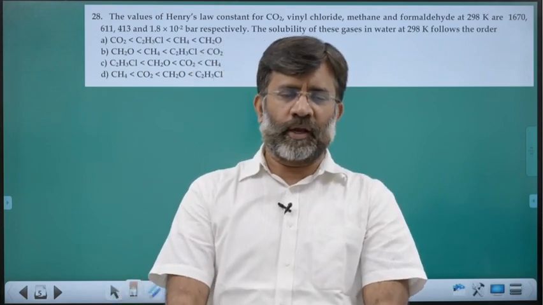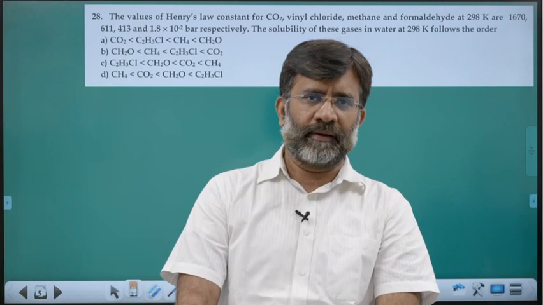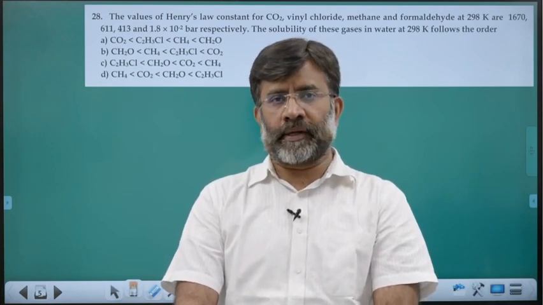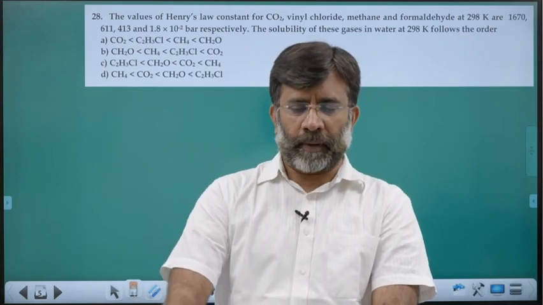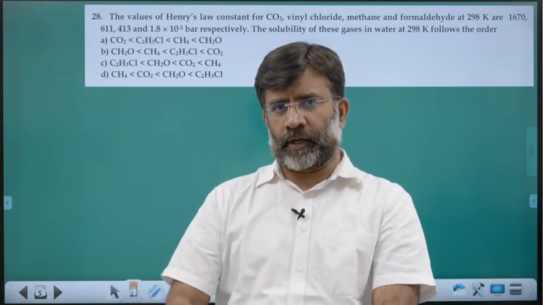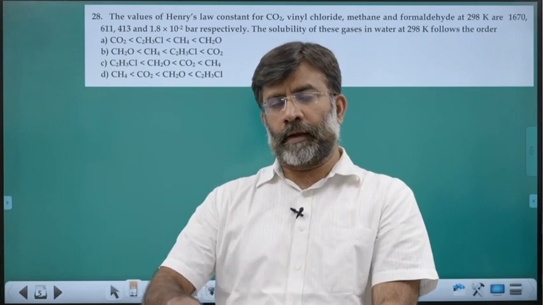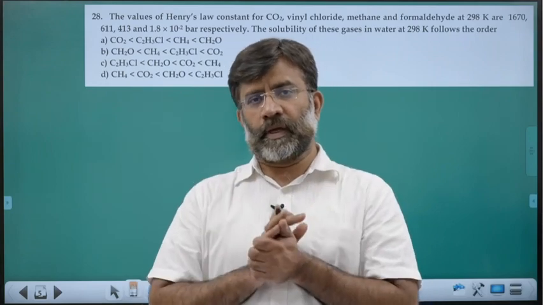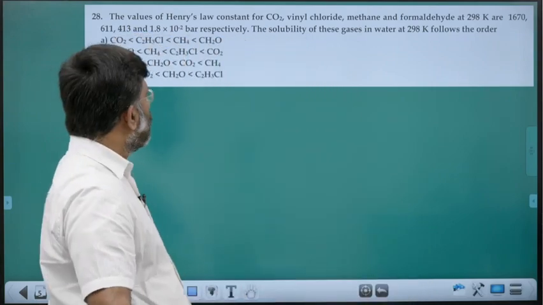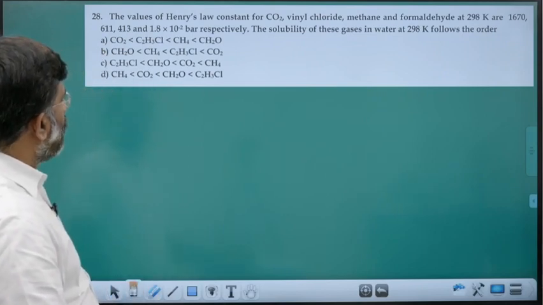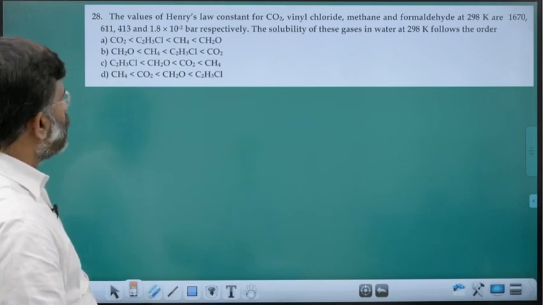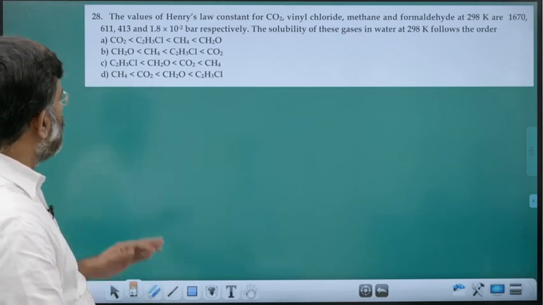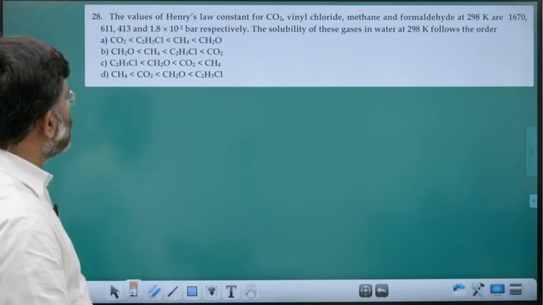So KH value and solubility are inversely related at a particular temperature and pressure condition, right? So which has the high KH value? 1670, 611, 413, 1.8. The values are in decreasing order, therefore the solubility will be in increasing order.